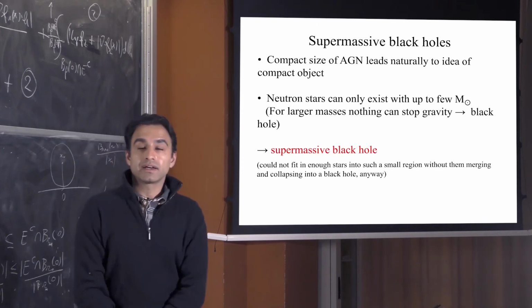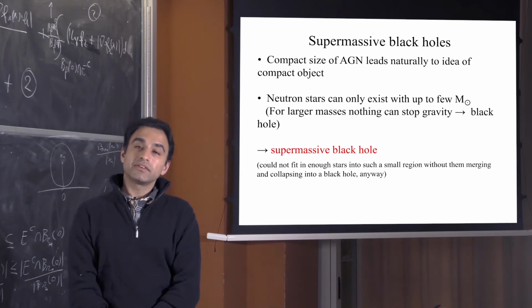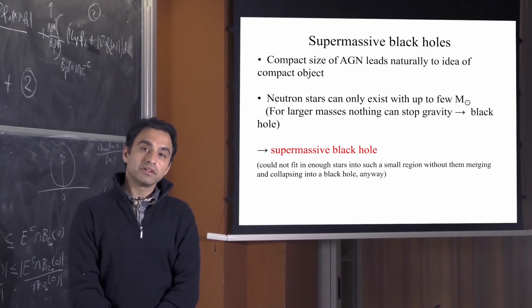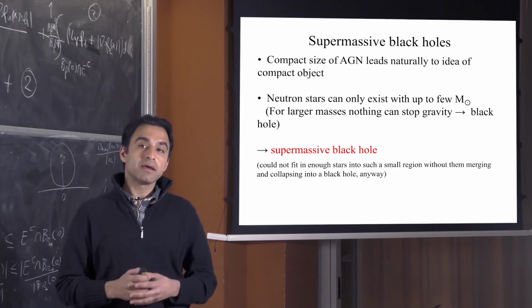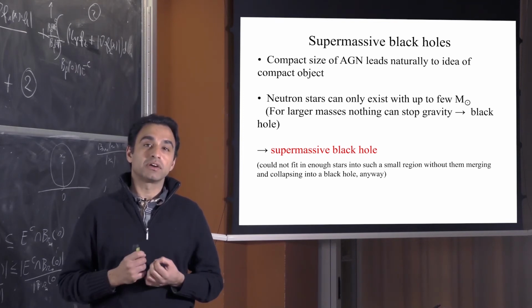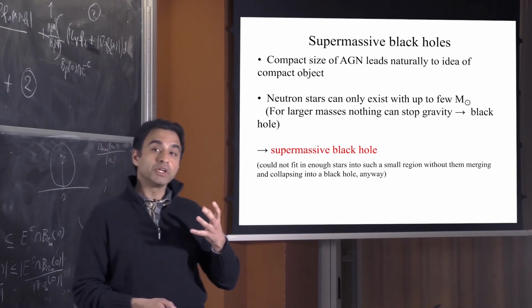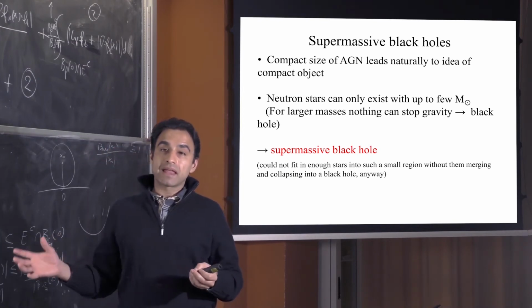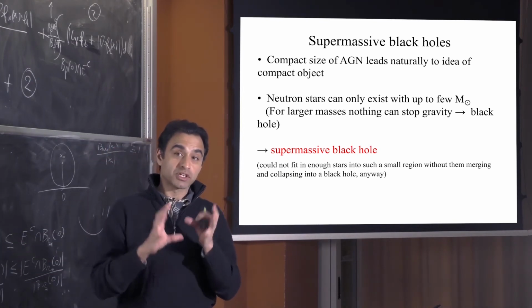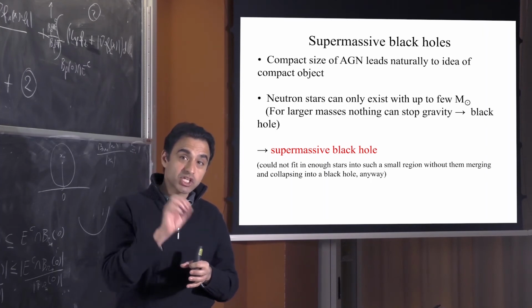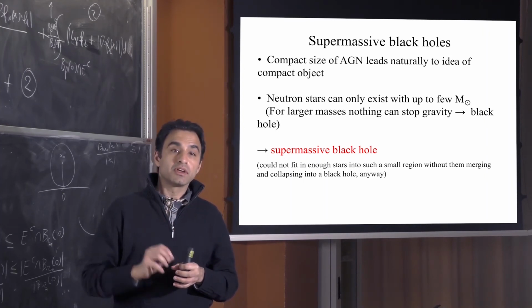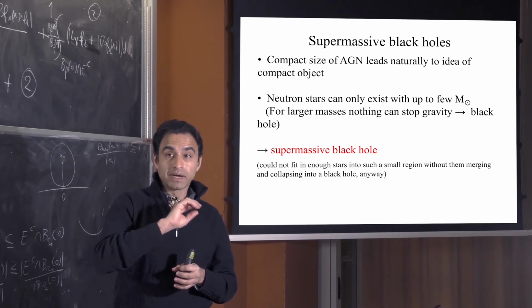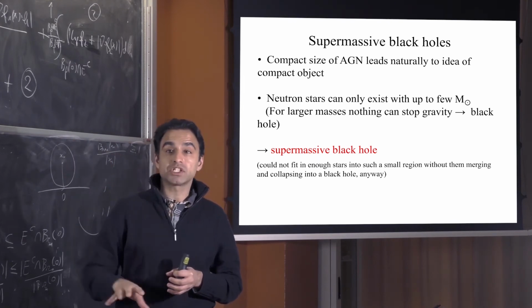So astronomers quickly realized that the source of energy coming from an AGN must be of gravitational origin. For example, we know that if you throw matter on a neutron star, which is a compact object, this generates some light. Of course, this is by no means enough to produce an AGN.